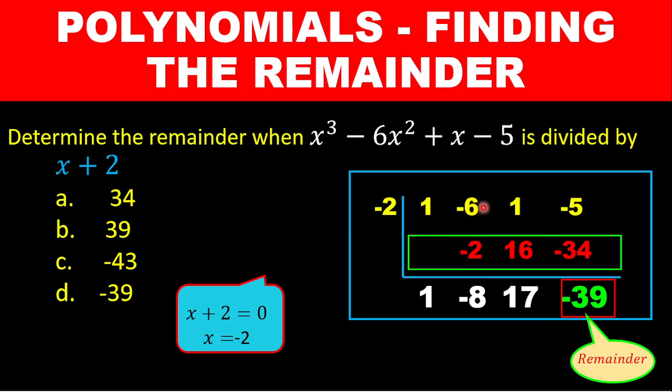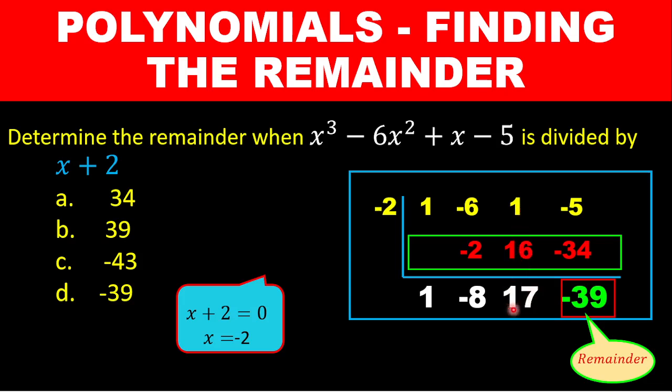So minus 6 plus minus 2 will give me minus 8. And then this down number here, you must remember to multiply it by the number here. So minus 2 will now multiply minus 8, and that will give us 16. And then you are going to add these two. So 1 plus 16, I have 17.